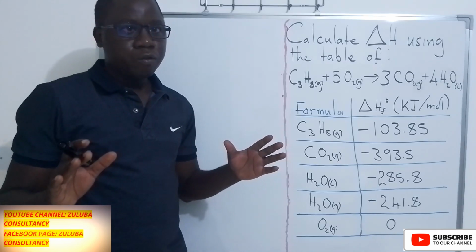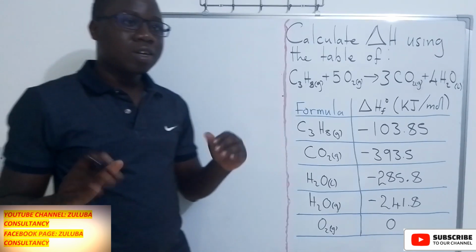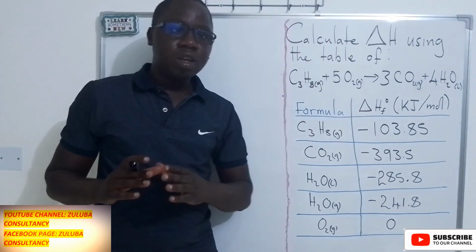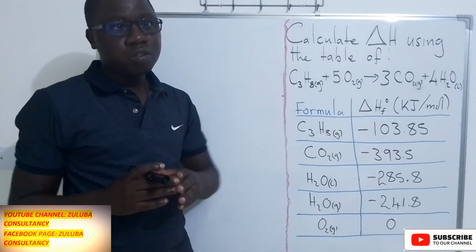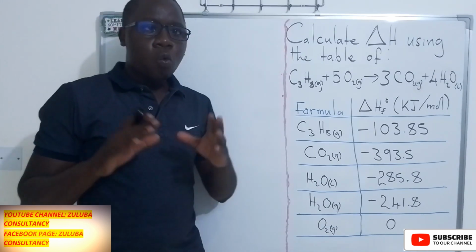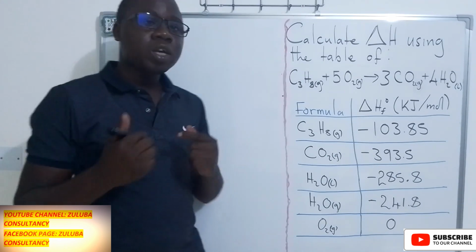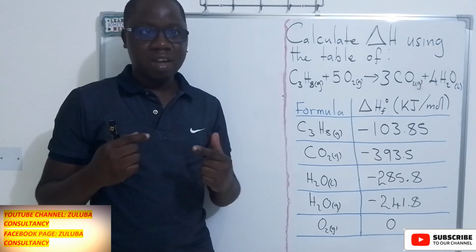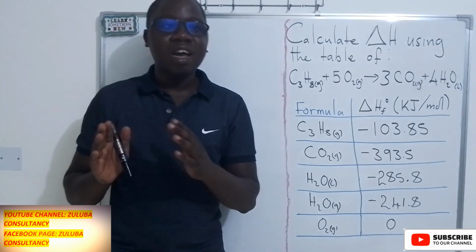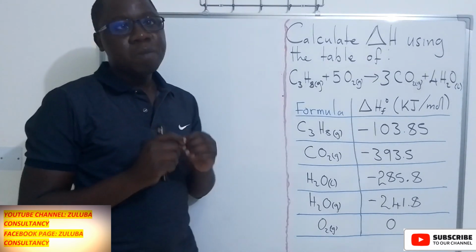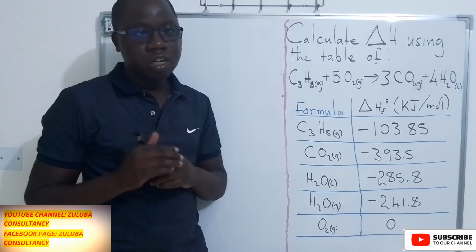Welcome to this tutorial video where we want to look at how we calculate the change in enthalpy when we have been given the standard enthalpies of formation. What is standard enthalpy of formation? Standard enthalpy of formation is basically the change in enthalpy that is measured under standard conditions.